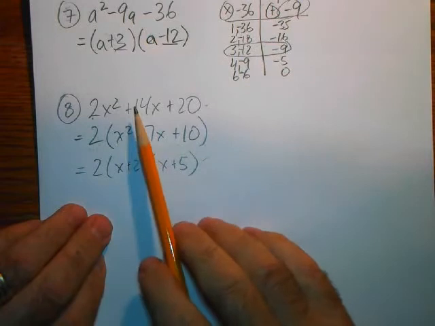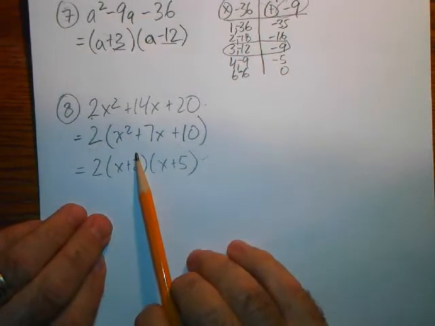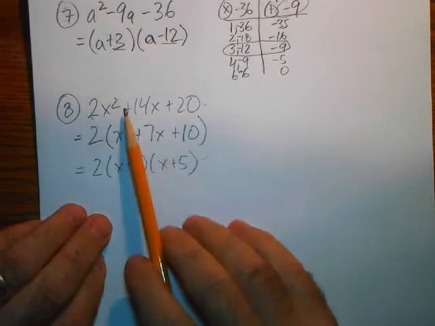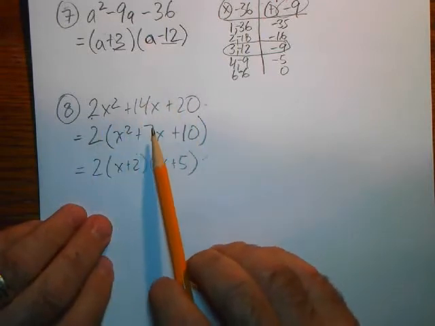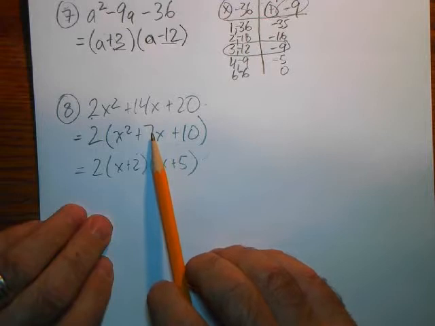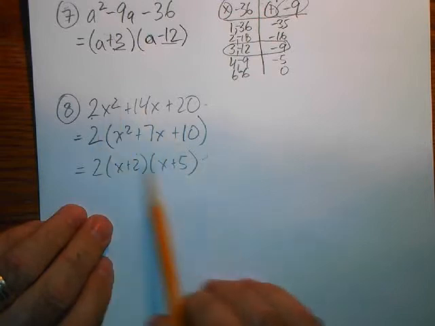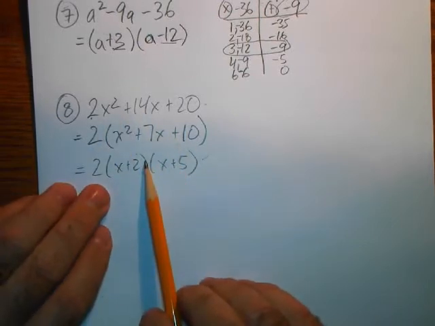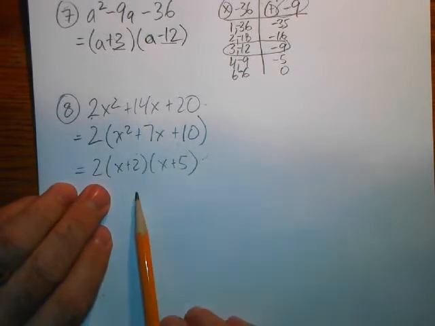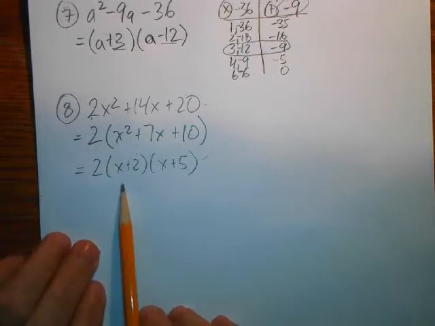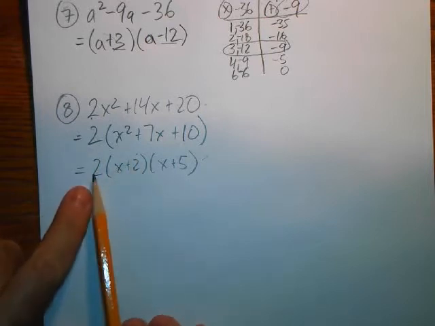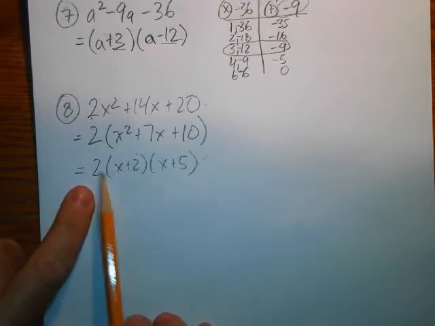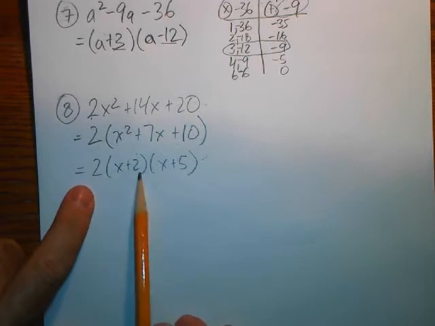Now if you didn't recognize this was a common factor, you could do the complex method, well, you'll see later on. If you didn't notice you had a common factor, you should probably see it by the time you get to one of your last answers, because maybe instead of this 2 times x plus 2, you might have had a 2x plus 4 as a factor, and the x plus 5 would still be x plus 5.